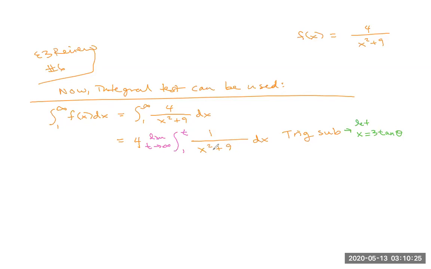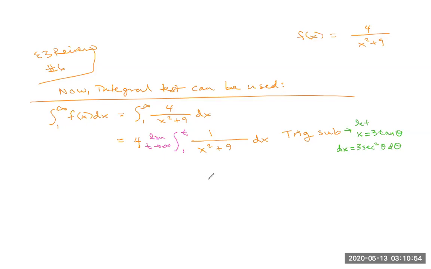And then when I square my x term, I want to get an identity where I have some trig function squared plus 1. Okay, which should give me a secant if I use a tangent in there. Okay, so now we have our dx. That's going to be 3 secant squared theta d theta. Don't forget your d theta.